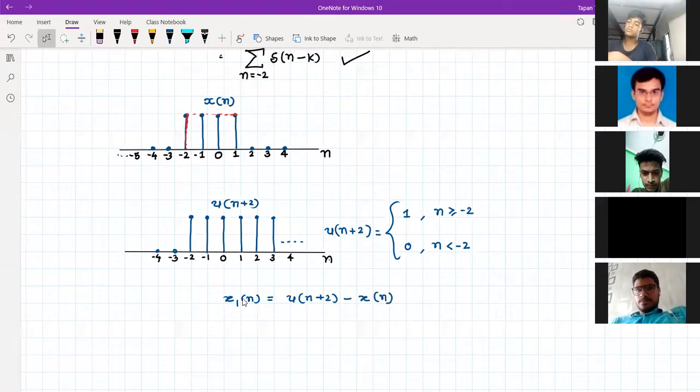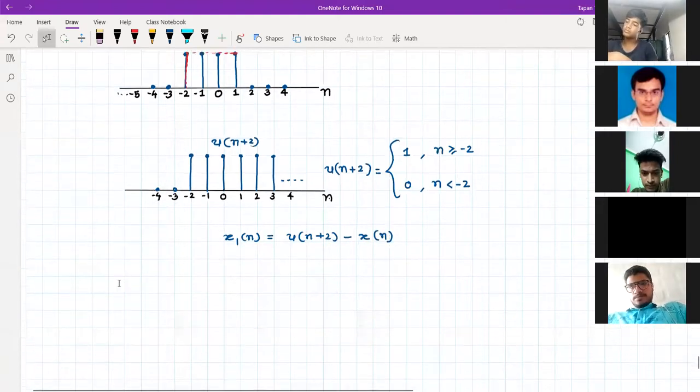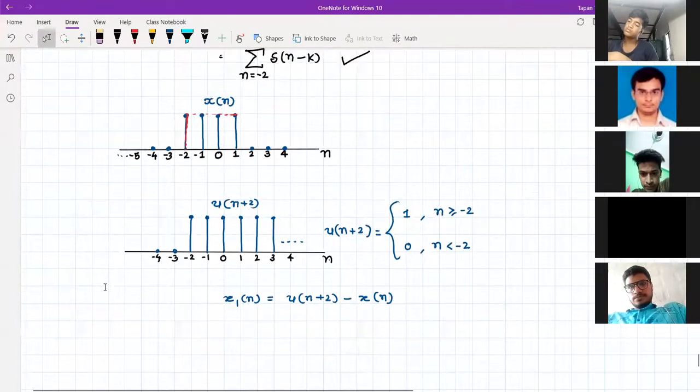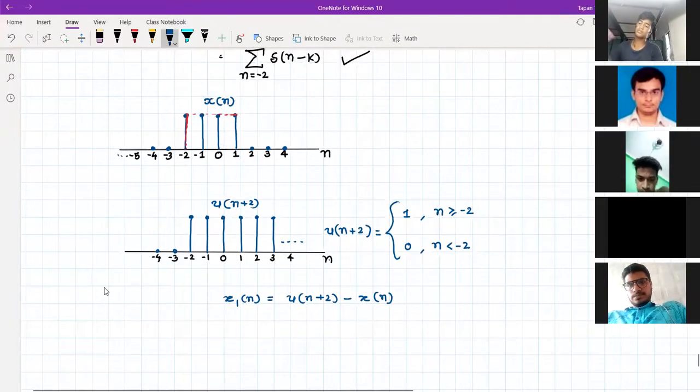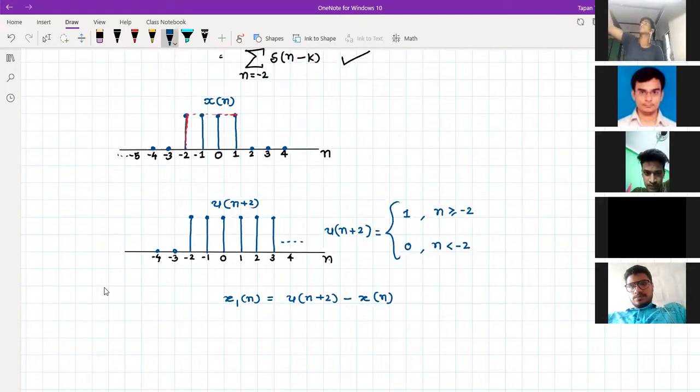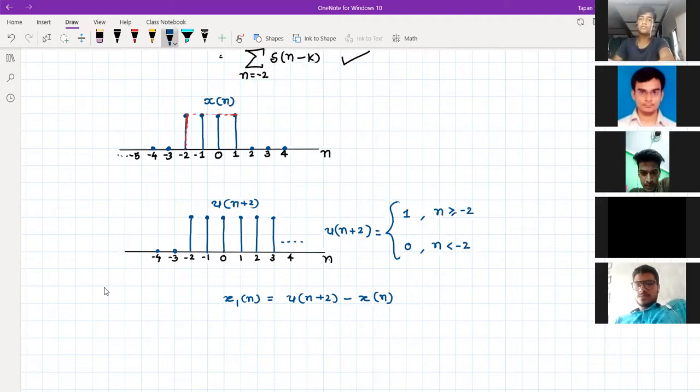I can write it like this. Or you simply look at the instantaneous values. Here it is 1, 1, 1, 1. Here it is 0, 0, 0. Here also it is 0 and 0.